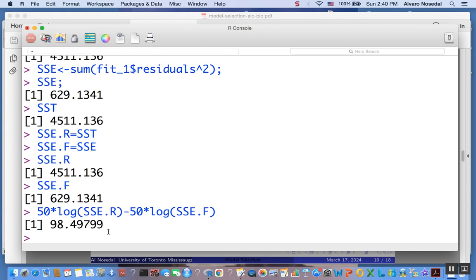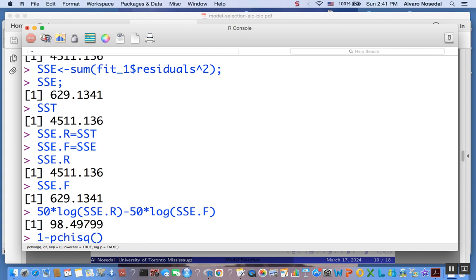So 98 is huge. So just for fun, let's find the p-value for this. We would need to find the probability of seeing something as extreme or more extreme than that for a chi-square distribution with 1 degree of freedom. Let's do this: 1 minus p chi-sq, because remember that p chi-sq is a function that evaluates the cumulative distribution function, meaning the area to the left.